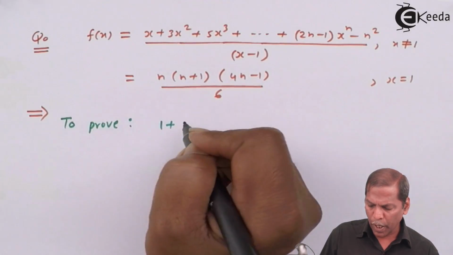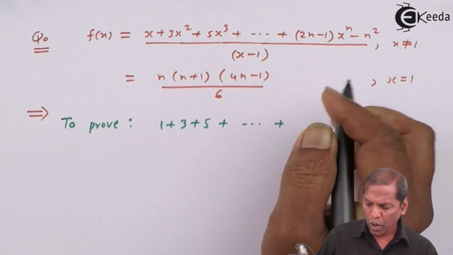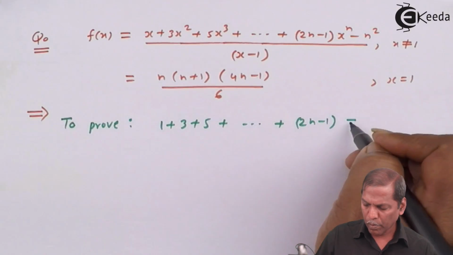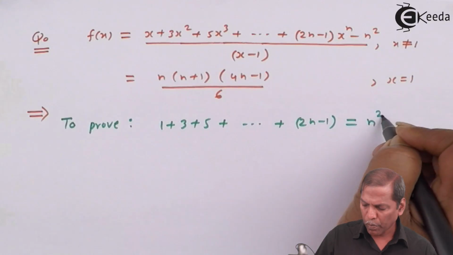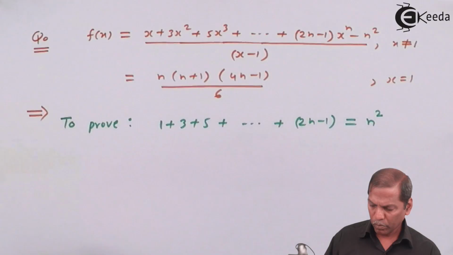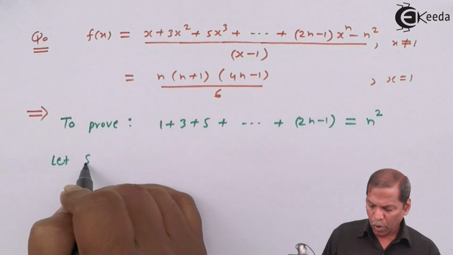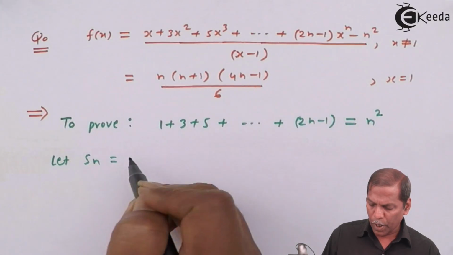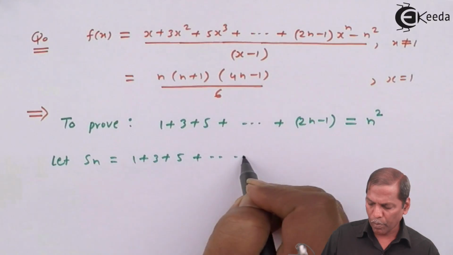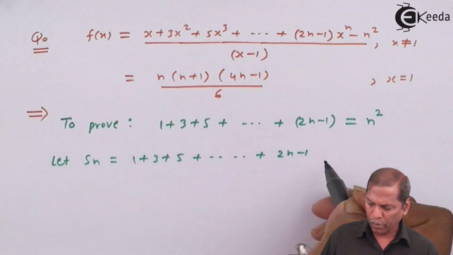To prove 1 plus 3 plus 5 up to 2n minus 1 is equal to n square. Let Sn is equal to 1 plus 3 plus 5 up to 2n minus 1.